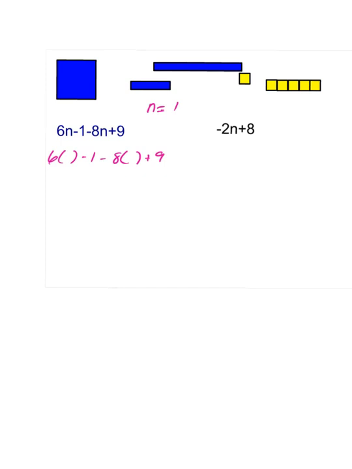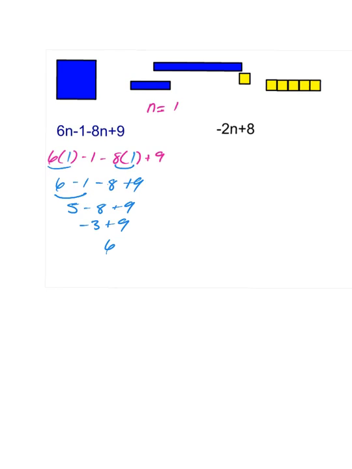So I'm going to put a 1 in here and a 1 in there where the n's would be. So now I go 6 times 1 is 6 minus 1 minus 8 times 1 is 8 plus 9. So 6 minus 1 is 5. 5 minus 8 is negative 3. Negative 3 plus 9 is 6.